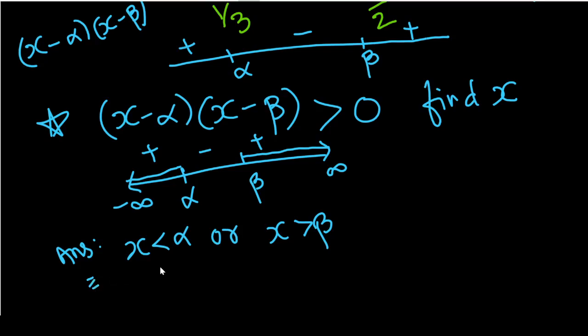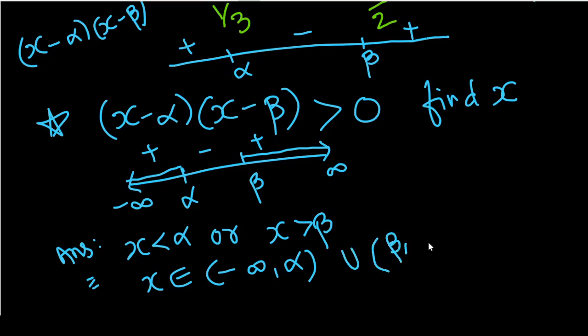Otherwise you can also write it as x belongs to minus infinity to alpha union beta to infinity. So both ways we can write. So this is the standard result for x minus alpha into x minus beta greater than 0. You can either write it like this, or you can write it as minus infinity to alpha union beta to infinity.